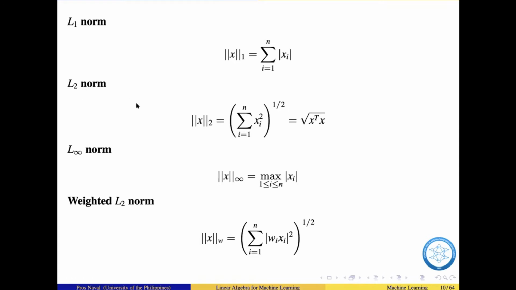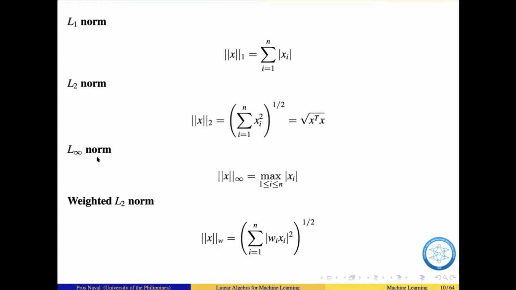The L2 norm, denoted again by double bars with 2 as subscript, is the Euclidean distance, which is the square root of the sum of squares of the elements of the vector. And this L2 norm captures the intuitive notion of distance as we know it.